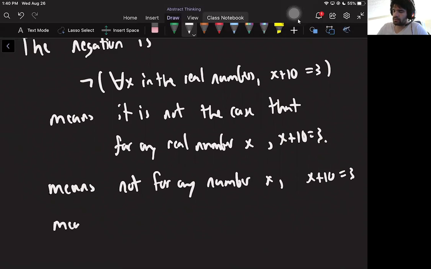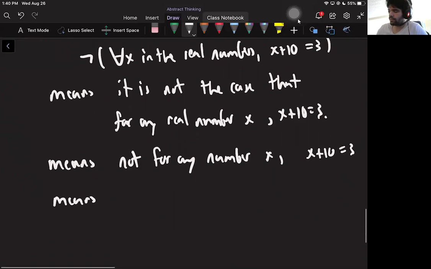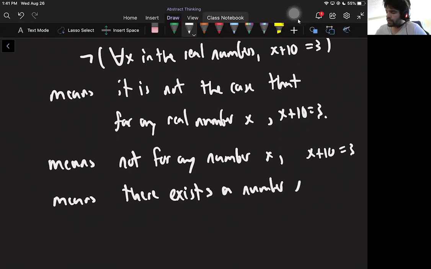And what that really means is that there must be something, in other words, there must exist a number x. Of course, I'm still talking about the real numbers. Such that this equation does not hold. What does it mean for this equation to not hold? It just means x plus 10 will not equal 3.